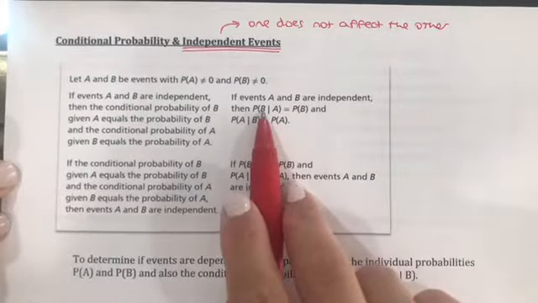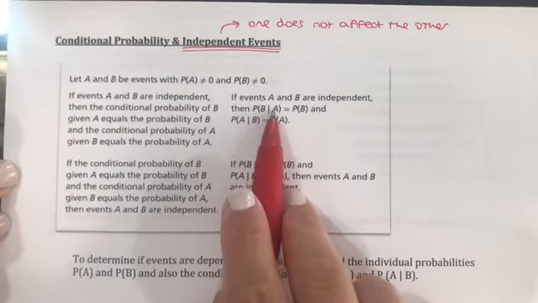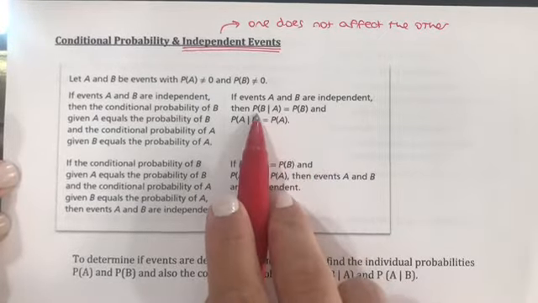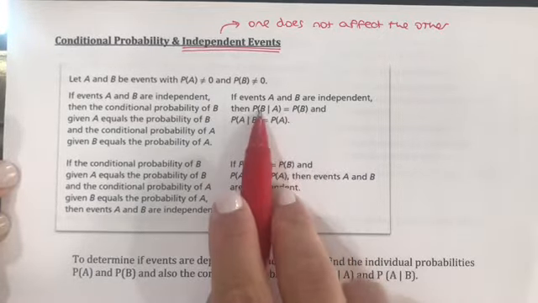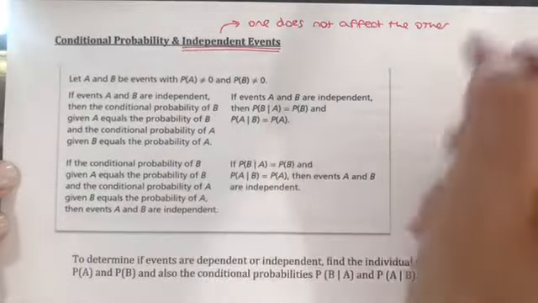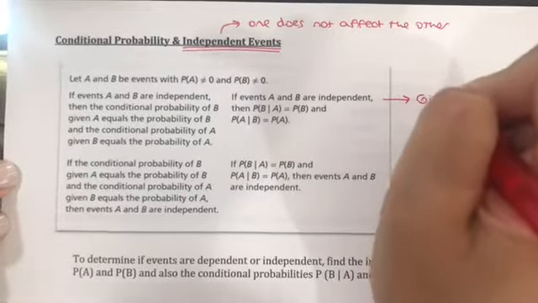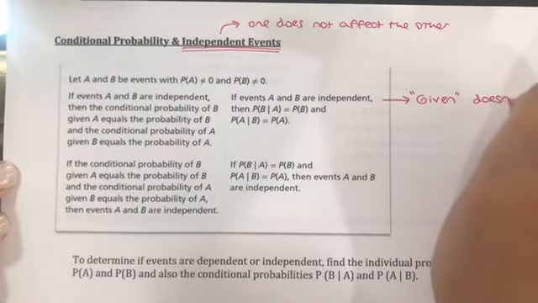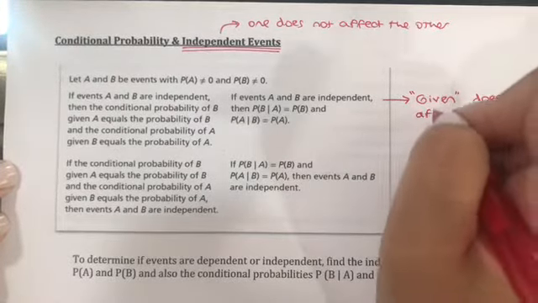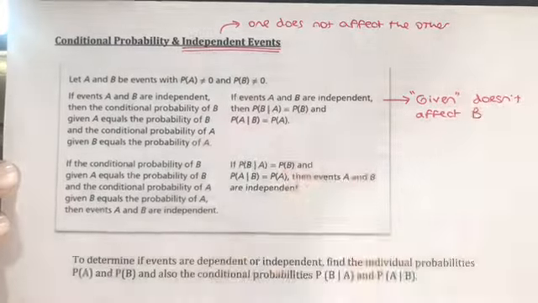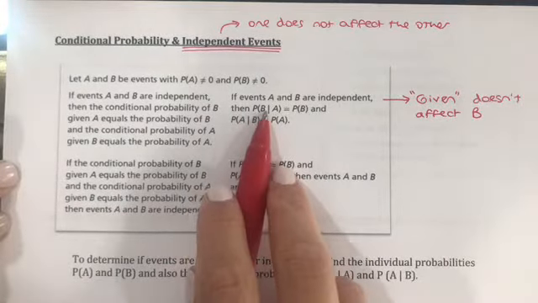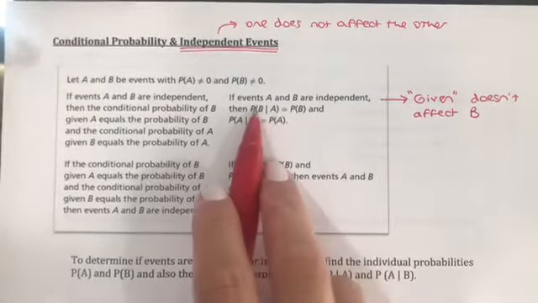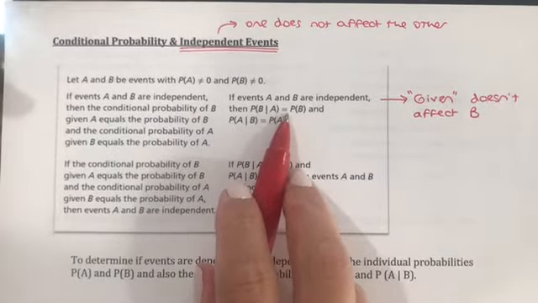So for this first part, we're saying the probability of B given that A happens is just the same as the probability of B. That means A doesn't affect anything. So the given doesn't affect B. The probability of B happening, given that A happened, is the same as the probability of just B because A didn't have an impact.